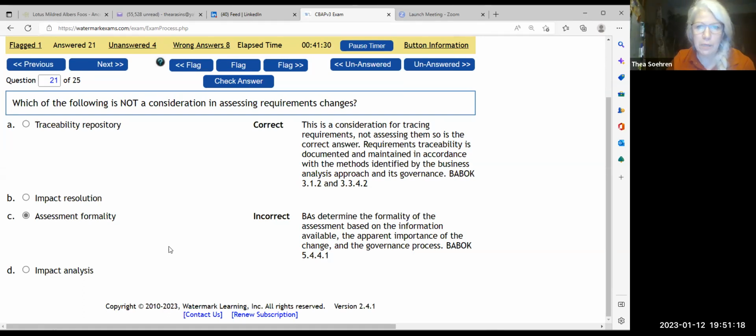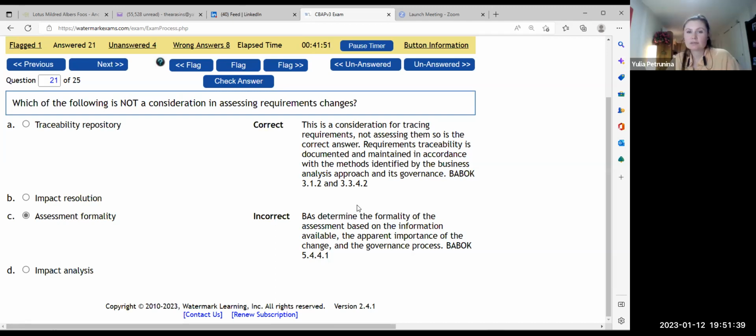A traceability repository. This is not a consideration for assessing. It's for tracing requirements, not assessing them. So is the correct answer? Correct, yes. Requirements traceability is documented and maintained in accordance with methods identified by the business analysis approach and its governance.